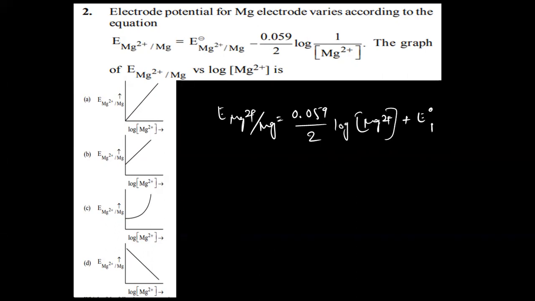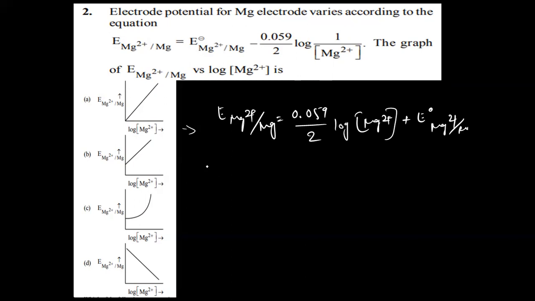So here I have applied log A by B, which is equal to log A minus log B. And if you rearrange the equation, you will get the simplified equation like this.